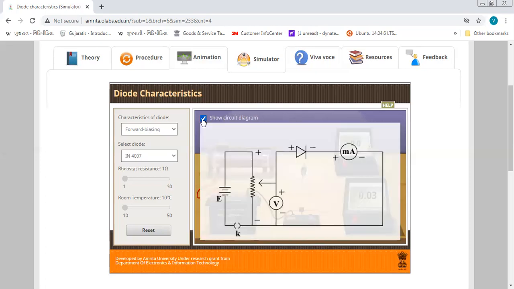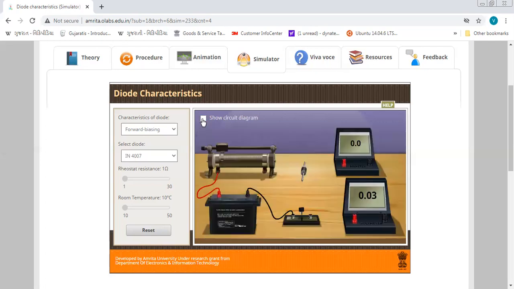Now as we can see, the positive terminal of the voltmeter is also connected to the rheostat, and also the positive terminal of the PN junction is also connected to the positive terminal of the rheostat. So we will connect it.